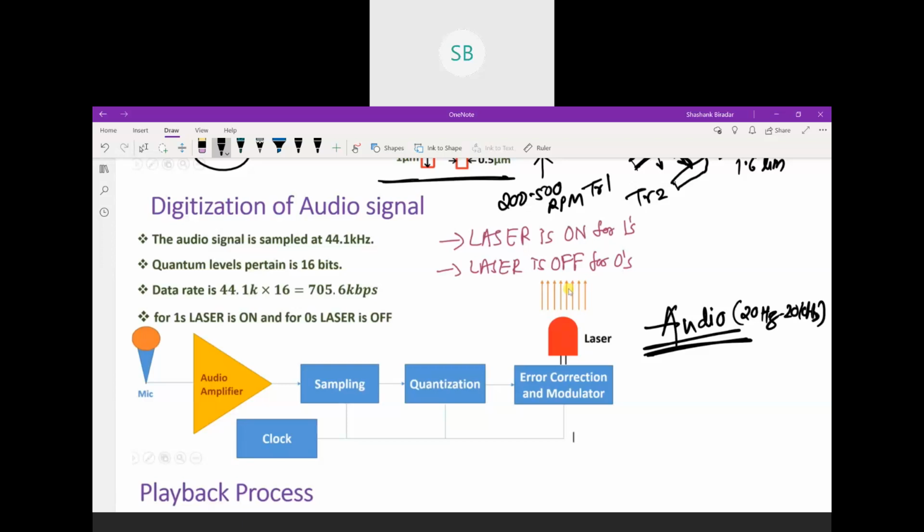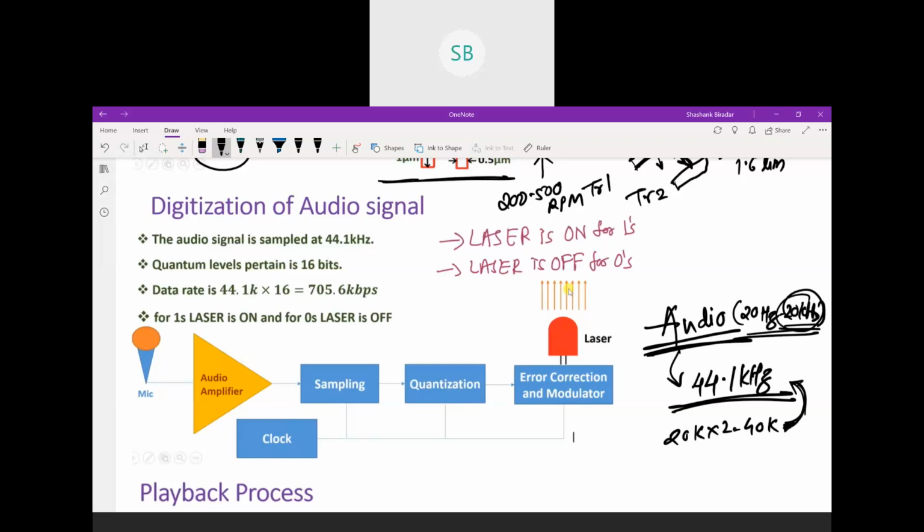Based upon the Nyquist criteria, the best sampling frequency to digitize the audio signal is 44.1 kilohertz. It must be more than twice the upper extremity, that is 20 kilohertz; 20k into 2 is 40k, and it is more than that. So this is the globally accepted standard to sample audio signals.